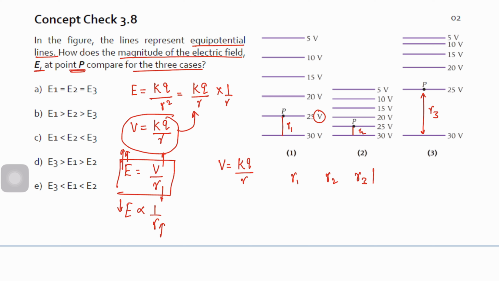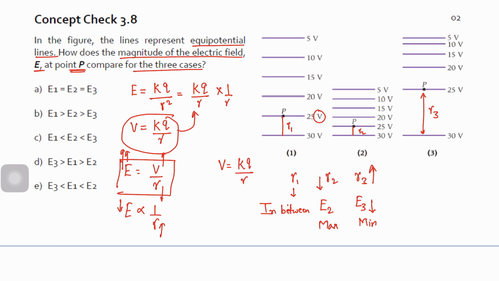R3 is the maximum, so E3 is the minimum. Clear? Okay, R2 is the minimum, so E2 is the maximum. This is your minimum and this is in between. In between. Clear?